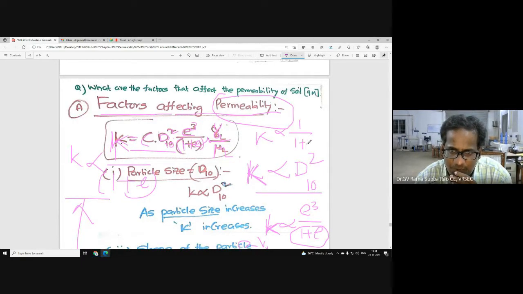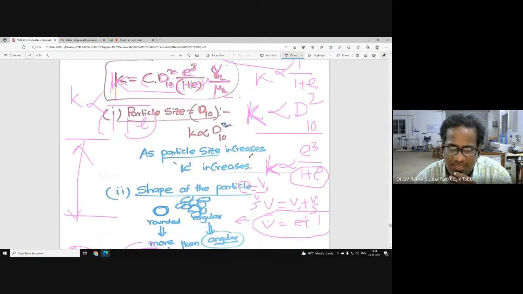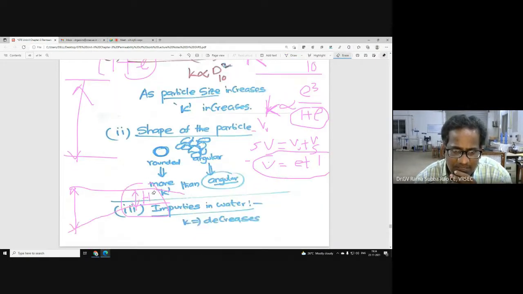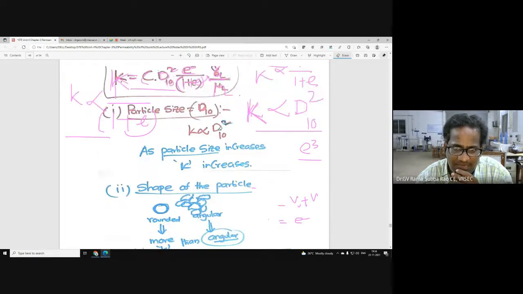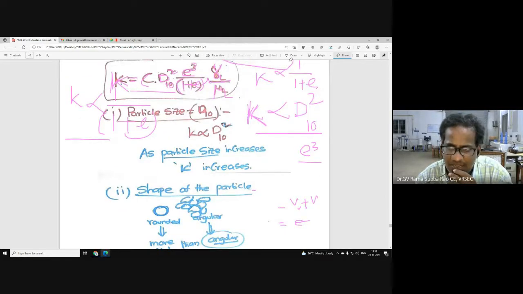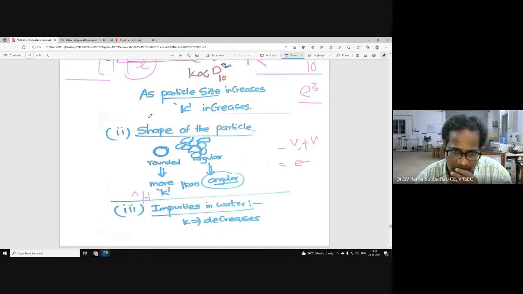And one more point I would like to mention regarding the shape of the particle. Just now we discussed the size of the particle. As we discussed, K is directly proportional to D10 square. If the effective particle size is more, obviously permeability is more. Now I'm discussing shape.